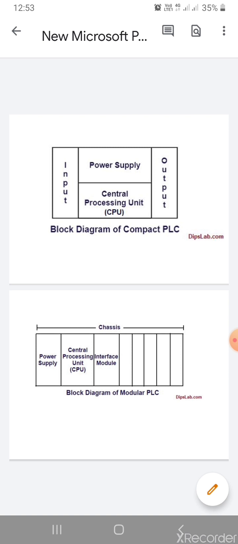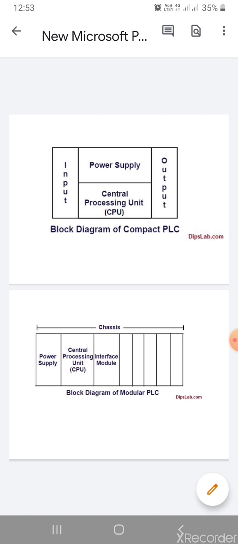Considering repair, in the compact PLC it is not easy to repair, whereas the modular PLC is easier to maintain and easier to repair as compared to the compact PLC.